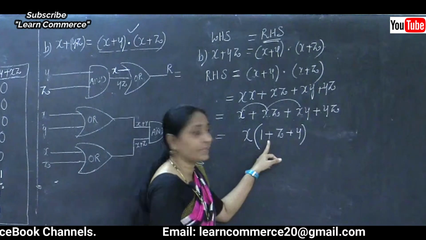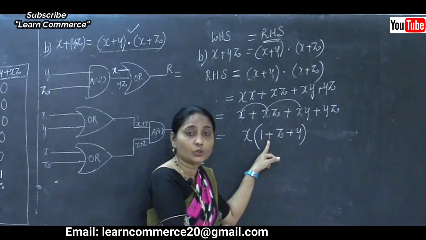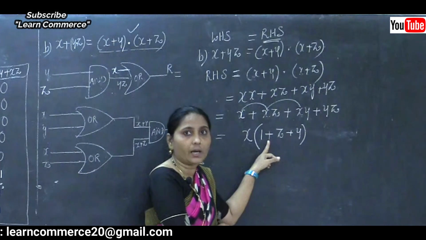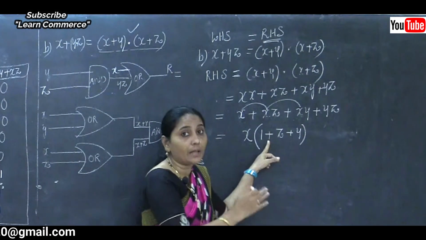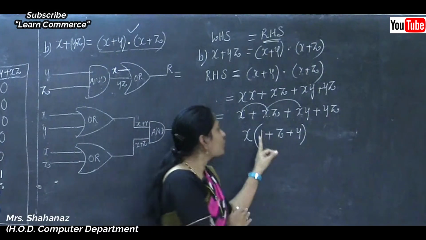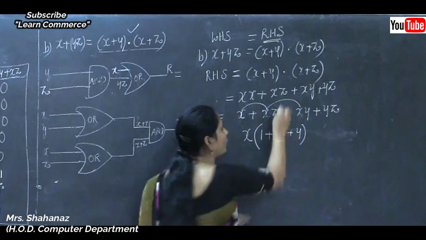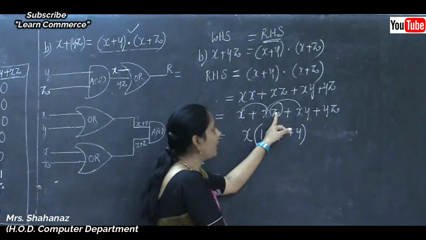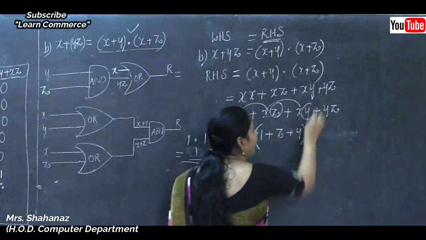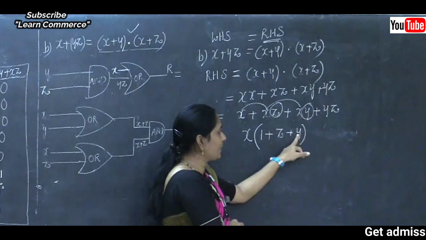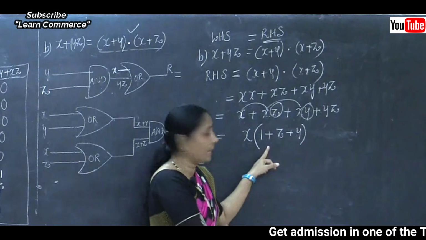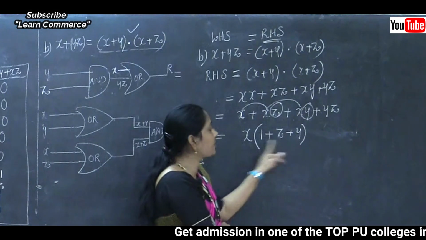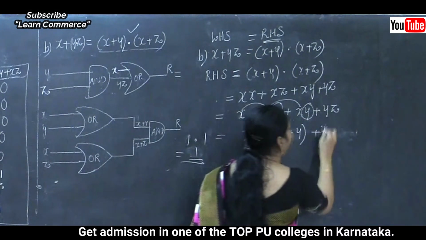So 1 plus, it is the rules in our Boolean algebra. We can't take the variable alone here. So 1 plus z value, we know that it's there in our second expression. Okay, the z, and the y value is there in our third expression. So I completed the line as x and 1 plus z plus yz.